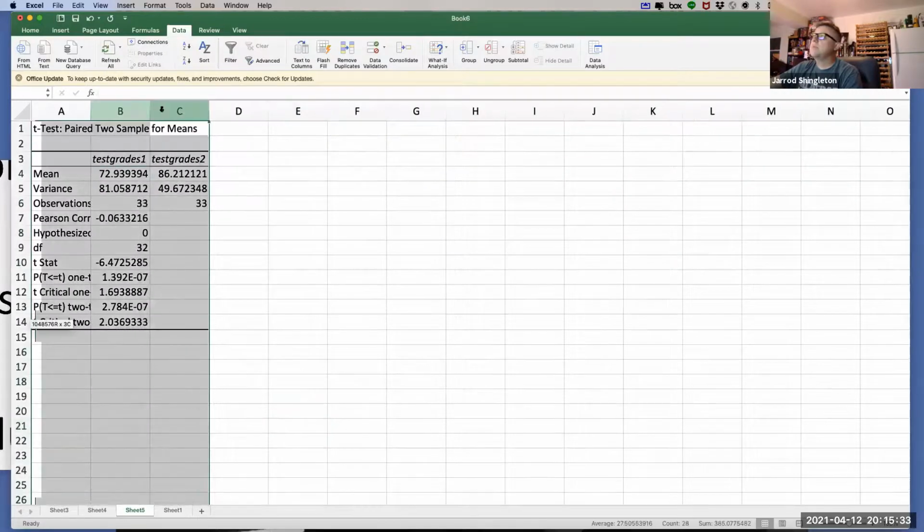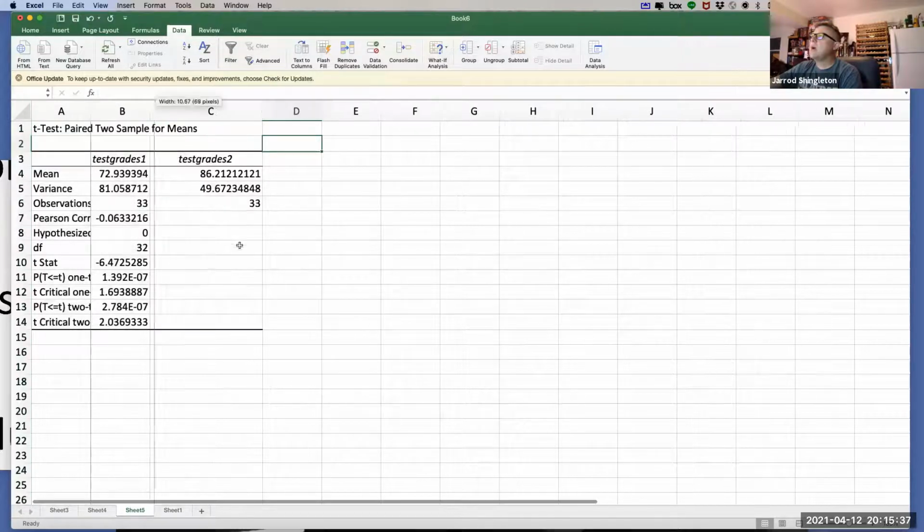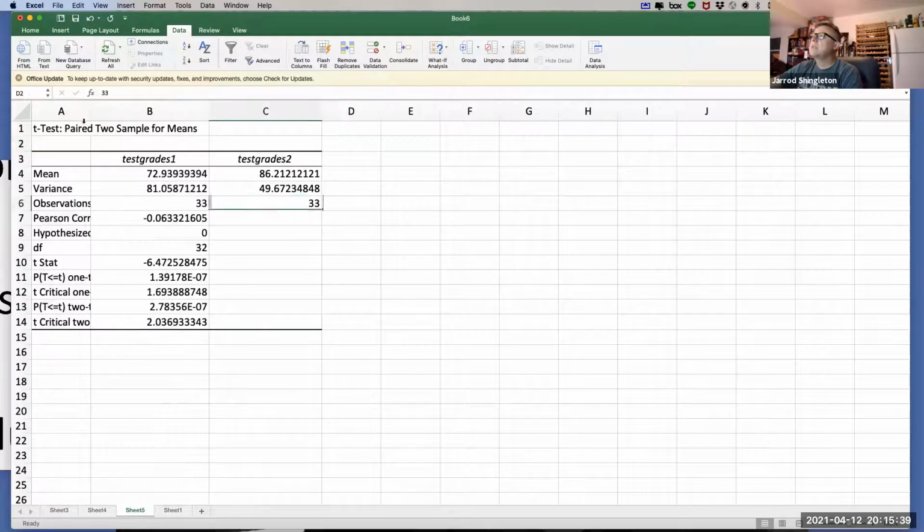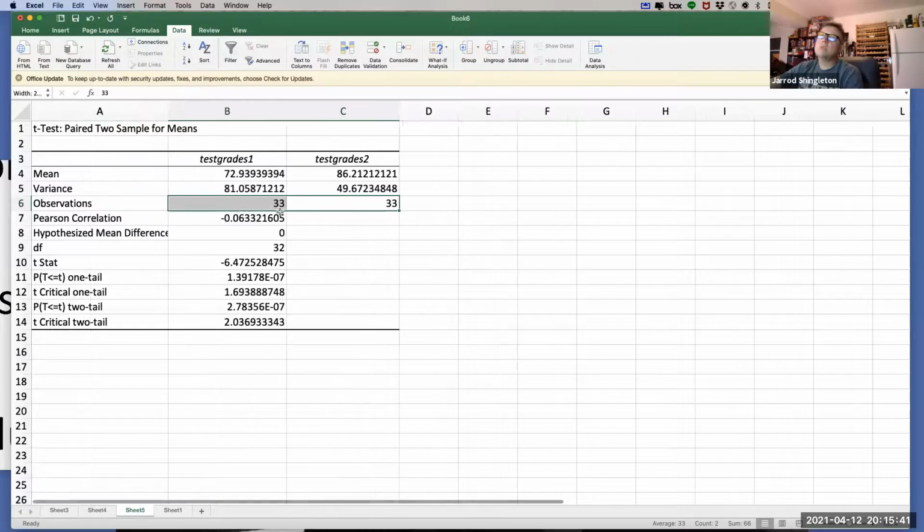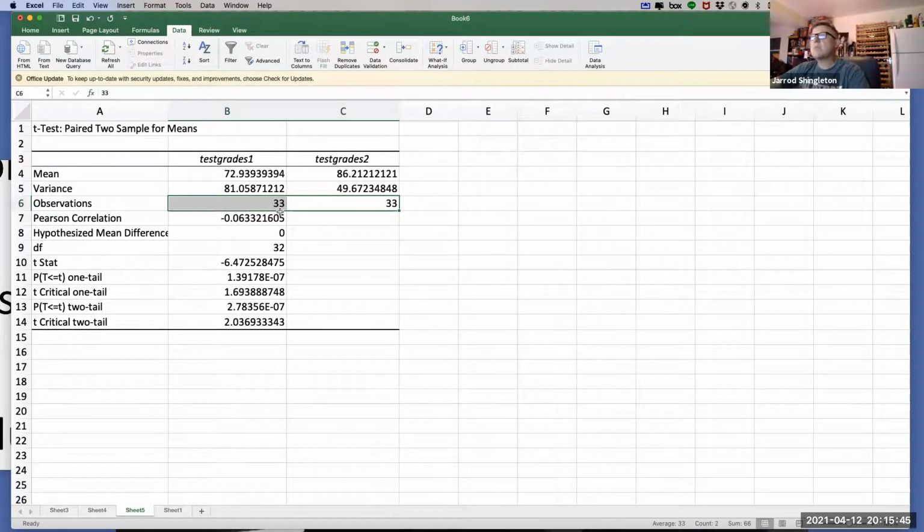Just like the two sample t-test, for the paired means, I want you to notice a couple of things about the output. It tells you the number of observations. They should be the same. You gather data for one event and you gather the same amount of data for the other event, okay? My p-value here is one-tailed, and it is doing the same thing. It is assuming that this lower number is smaller than the greater number.